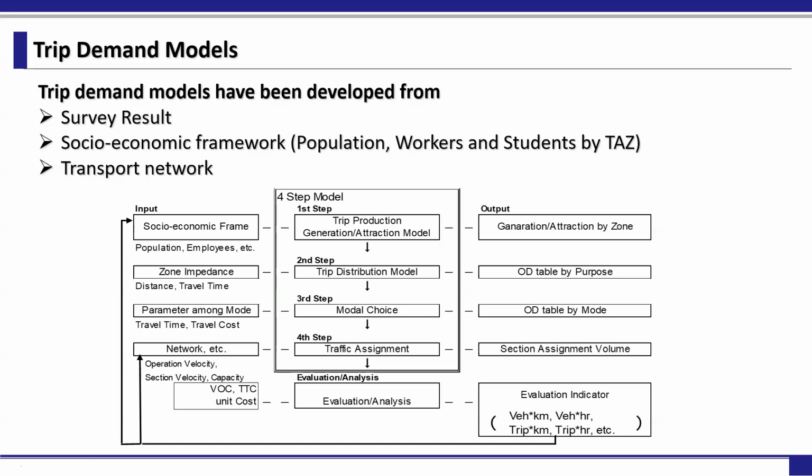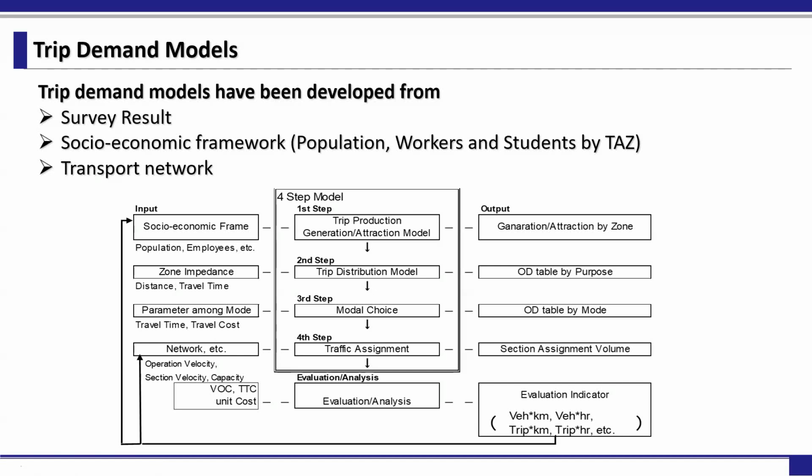Based on these three results, you can see some items: socioeconomic framework, zone impedance, meaning this is from the transport network, and parameters among the modes and the network data. In each step of the demand forecasting models, you need to utilize the following traffic data.